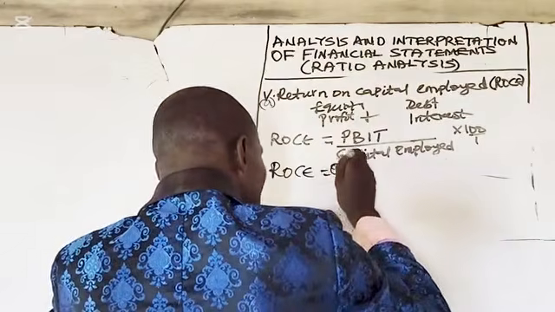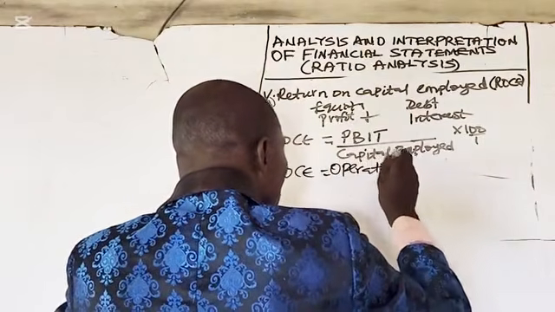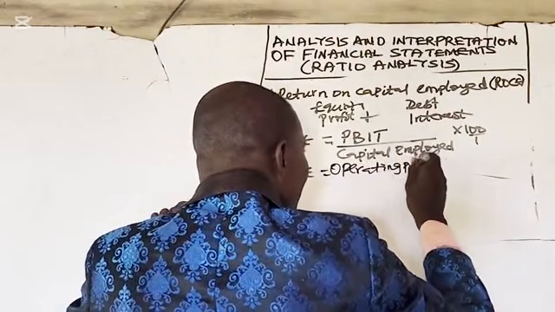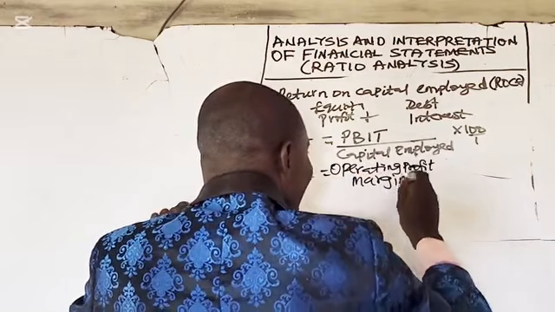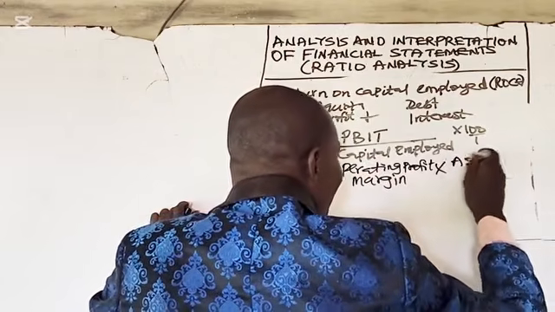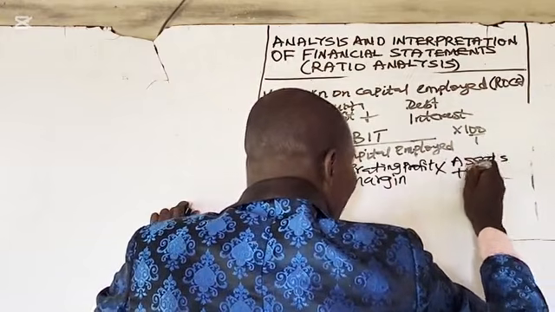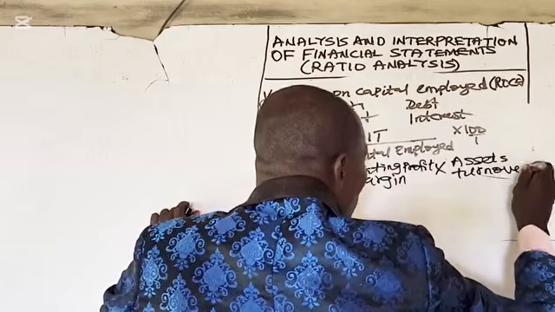Operating profit margin times asset turnover. These are the two legs of ROCE.